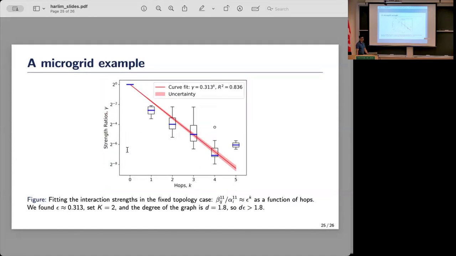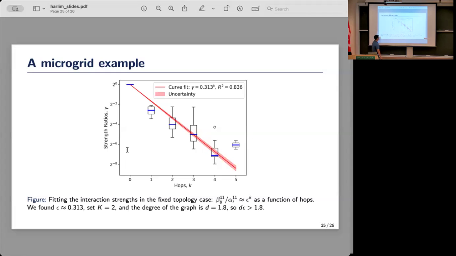So first of all, in order to do this, the entire game, like I told you, is of course we're going to dump it into GNN, but you have to specify the parameters of the GNN. You have to specify the K-hops and so on. Basically, first we take the fixed topology case, compute this ratio, plot it against hops, and then fit a function of epsilon k.